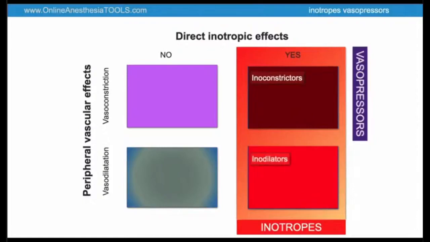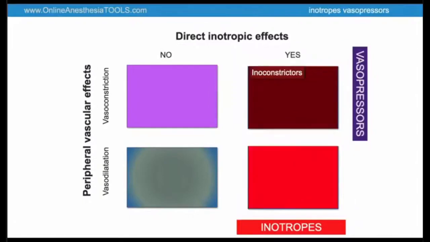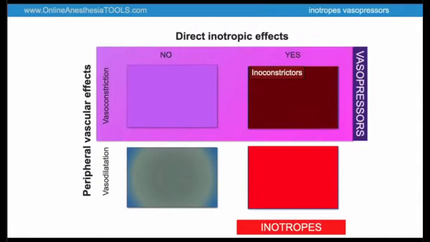Then you have inotropes without vasopressor action or even with vasodilatation. They are called inodilators. Again, similarly, if you plot the vasopressors, with inotropes already mentioned as inoconstrictors, pure vasopressors or vasoconstrictors are also there in the spectrum.